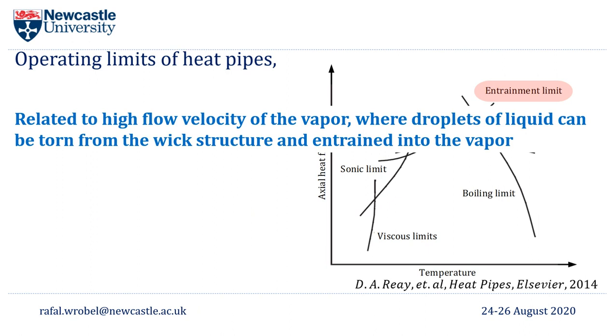The entrainment limit is related to droplets of liquid passing in the wick that can be torn by the vapor, and then in an extreme situation the evaporator can be starved of the working fluid and consequently dry out the heat pipe. So the heat pipe really operates as just a shell without phase change effects happening.